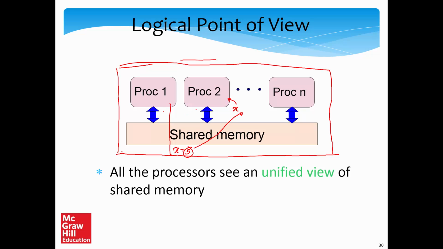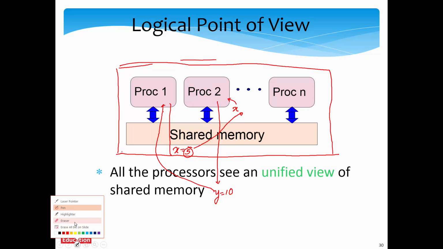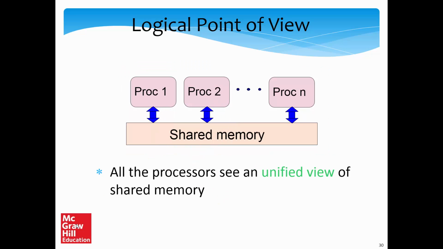So whatever was written by processor 1, processor 2 is going to get exactly the same value. Similarly, processor 2 can subsequently write y equals 10. After some time, if processor 1 reads the value of y, it will get the value of 10. So different threads in such a system pretty much communicate via a unified memory mechanism. So this is our abstraction.